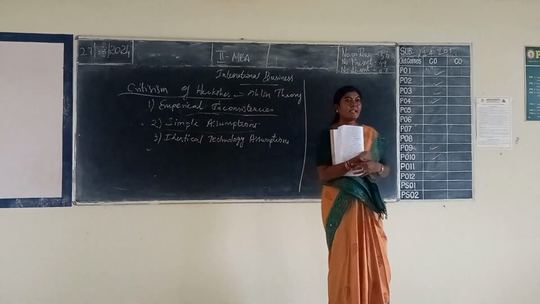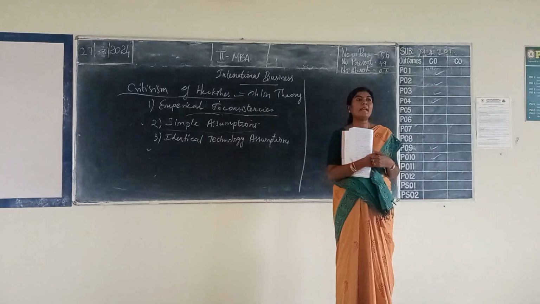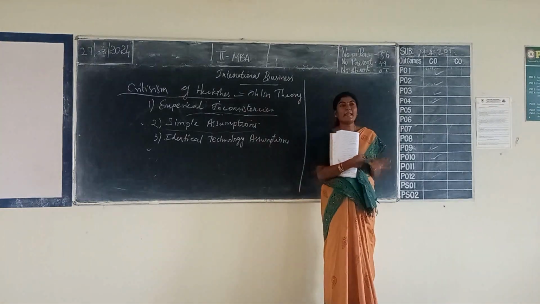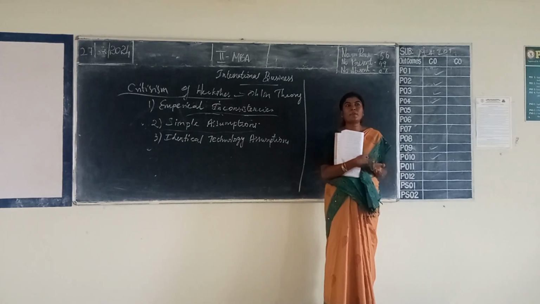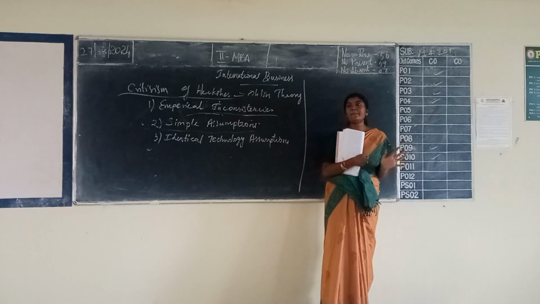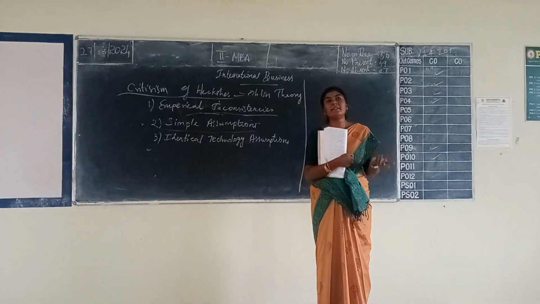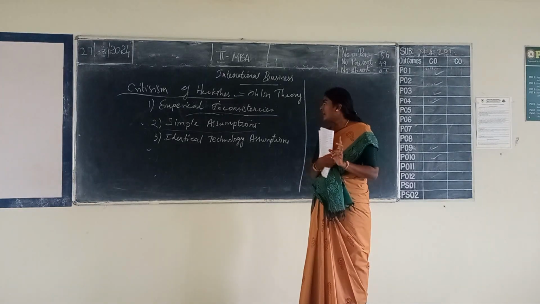Identical technology assumptions. There is an assumption. What is the meaning of that? Two countries follow the same technology. But in the real world, this is not applicable. It's not believable. Each country will have different types of technology. So it is not realistic.